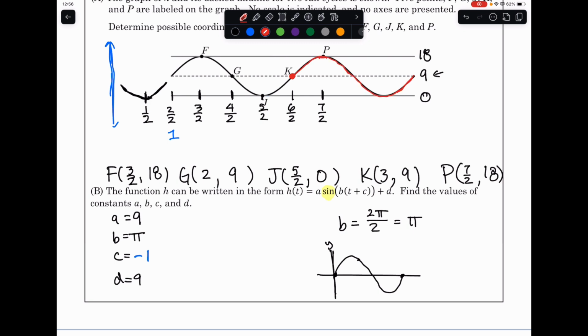So for the AP test, it would also be acceptable to use this position and shift the original sine graph all the way over there to +3. So -3 would be another acceptable answer for the AP test.